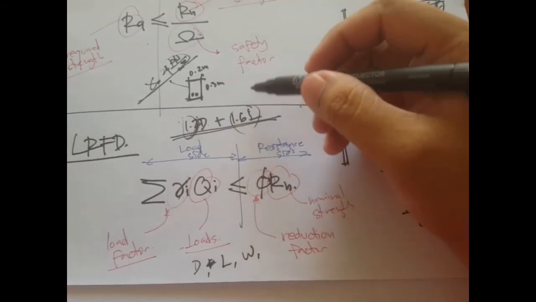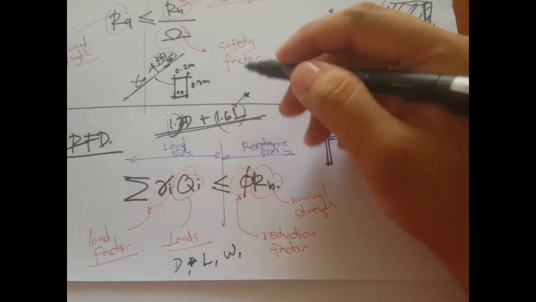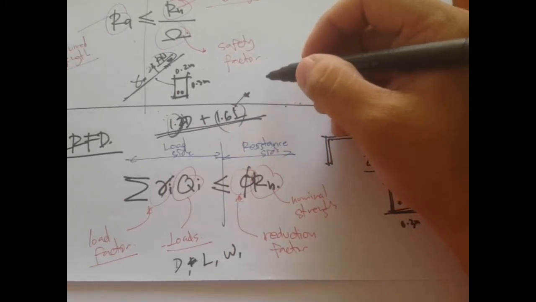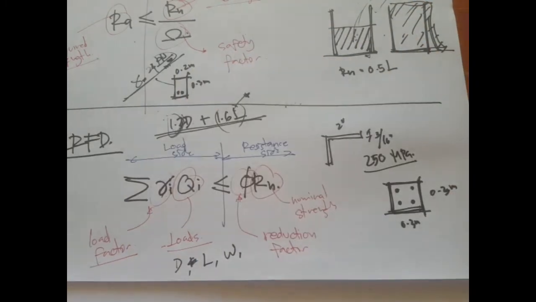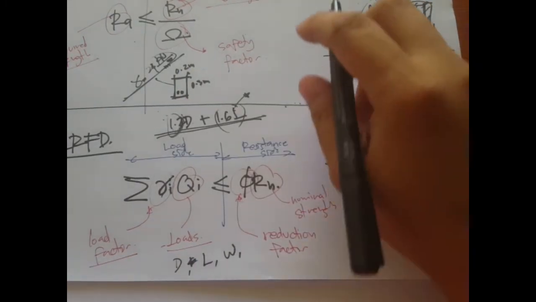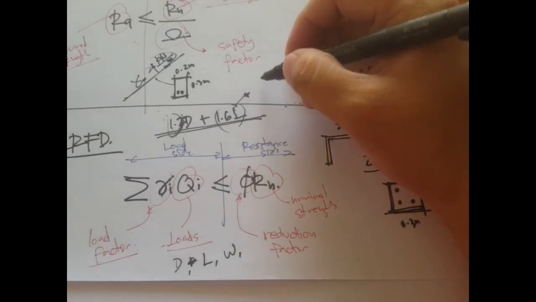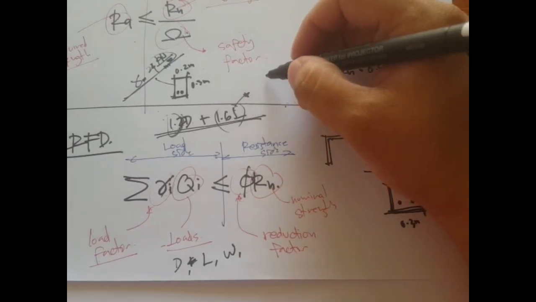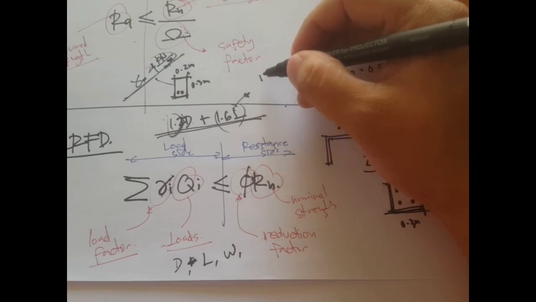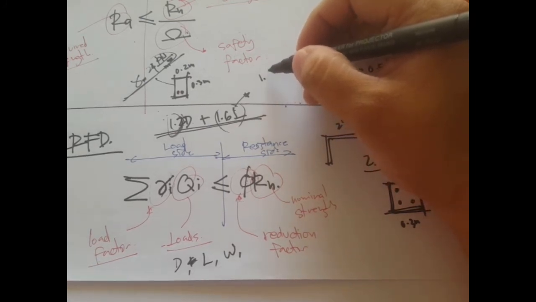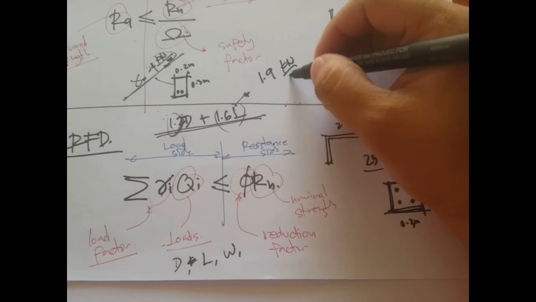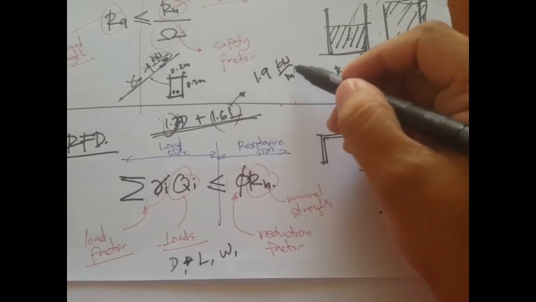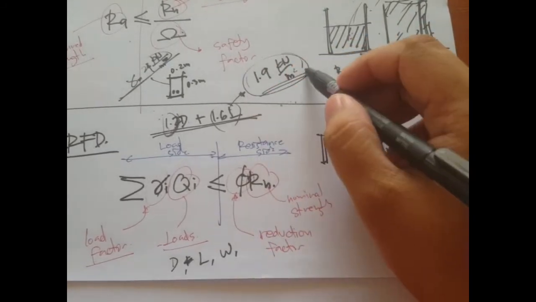So for the live loads, that's a higher value. For example, if we design a classroom having some value of, let's say, 1.9 kilonewton per meter squared, I think that's for residential, but let's just take this value for example.